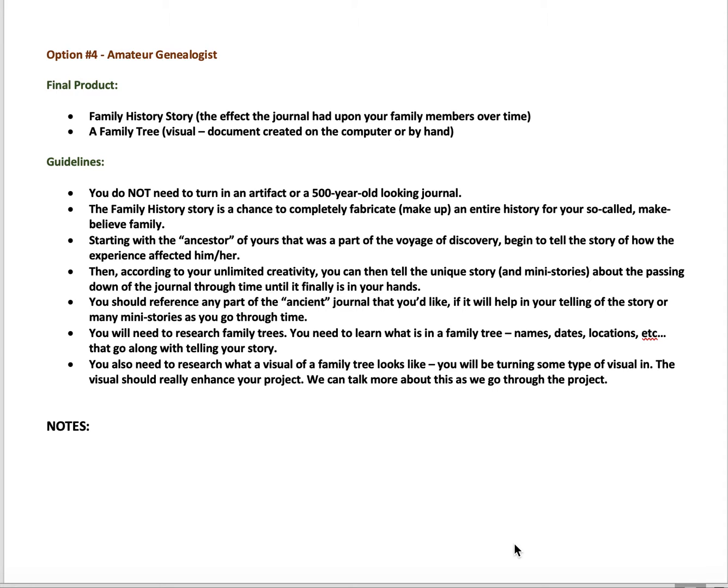So that is the family history story you turn in. Now, this can be typewritten. Honestly, somebody could just say that over time, somebody took all the handwritten portions and turned them into typewritten work.